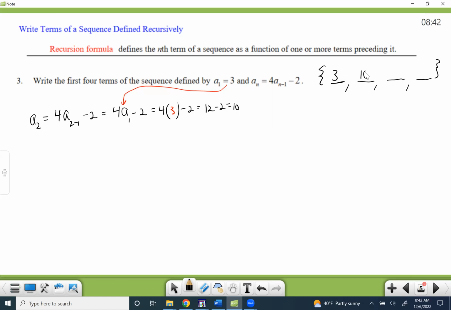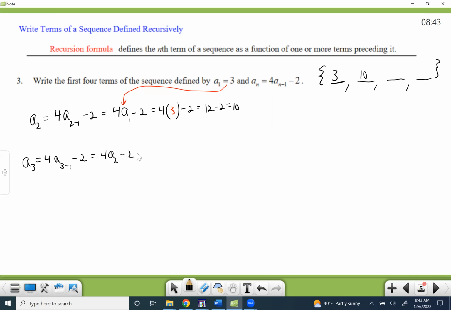Okay. Now I'm going to use the formula again. I want to find the third term, which means I'm going to be plugging in 3's for all of my n's. So a 3 here and a 3 right there. So a sub 3 equals 4 times a sub 3 minus 1, take away 2. A sub 3 minus 1 would be a sub 2.